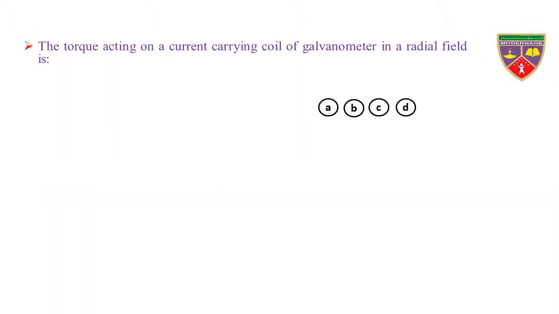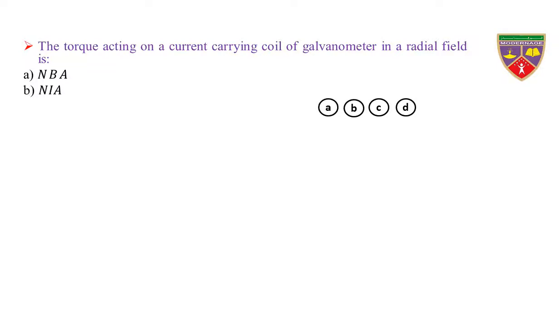The torque acting on a current carrying coil of galvanometer in a radial field is: option A, N B A, where N is the number of turns, B is the magnetic induction, A is the area of cross section of the coil.